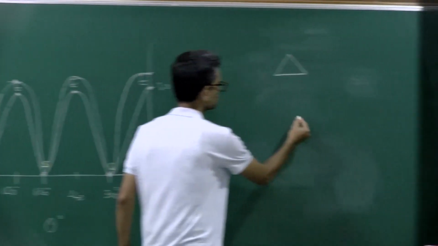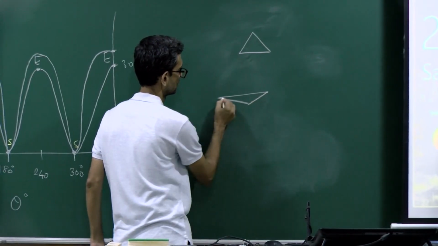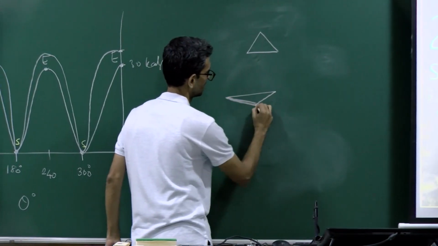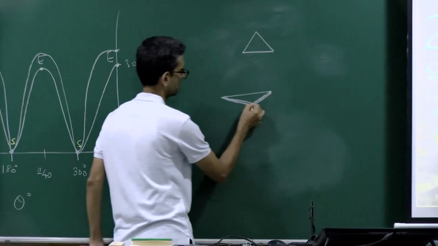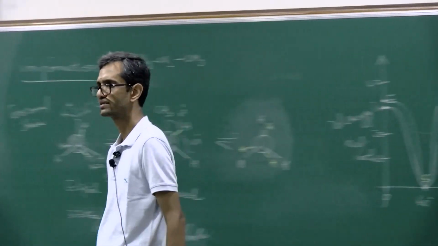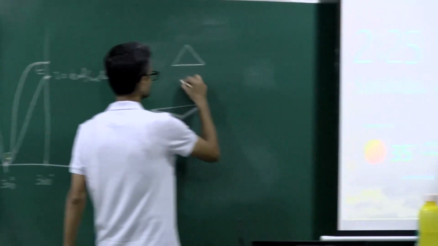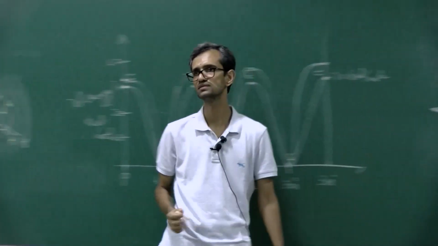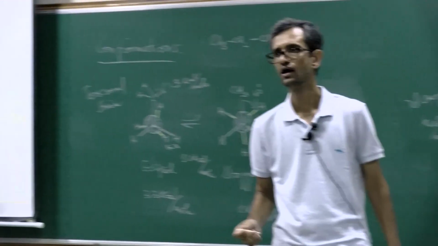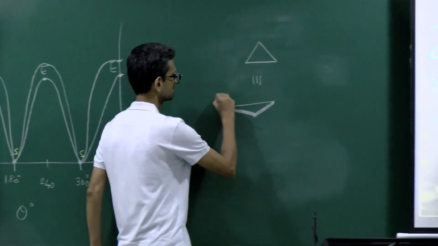If you want to have a three-dimensional view of it, it's flat. I start placing the hydrogens. So each carbon has 2 hydrogens in the structure.